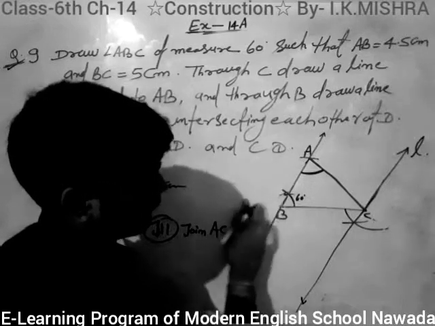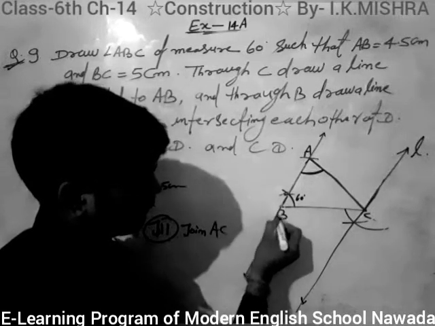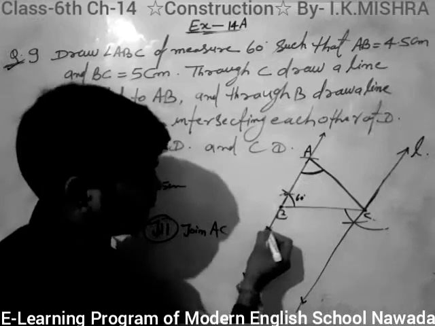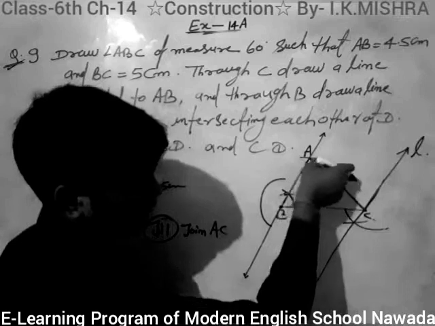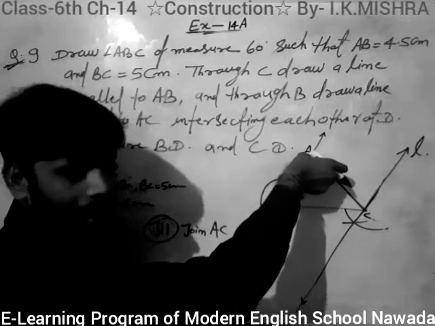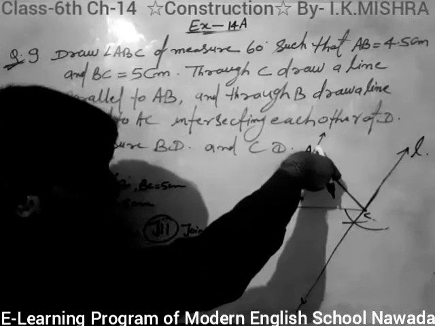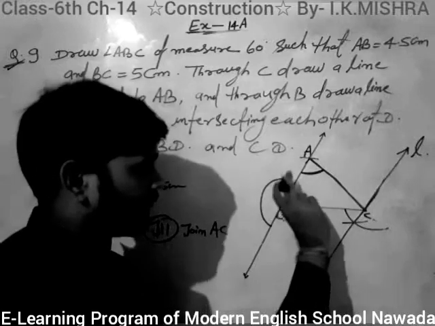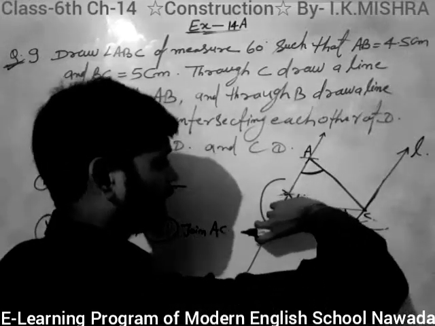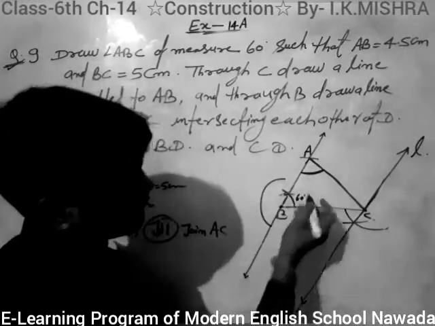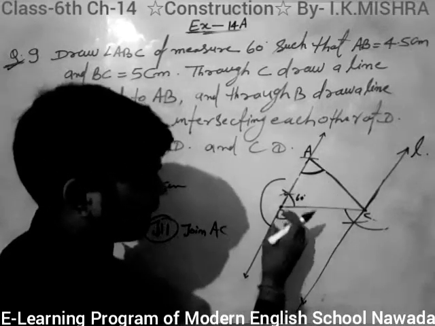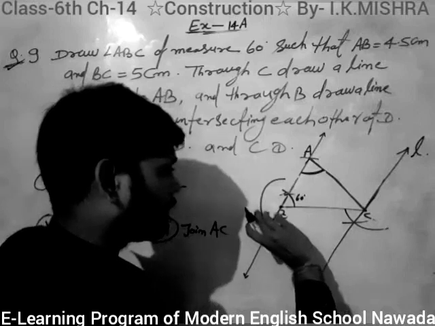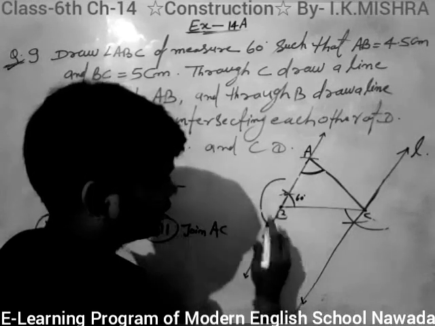From point B draw an arc, and using the compass first draw an arc from here and at the same radius draw an arc from B on this side. Now students, measure the arc using the compass and cut the arc here at this point.